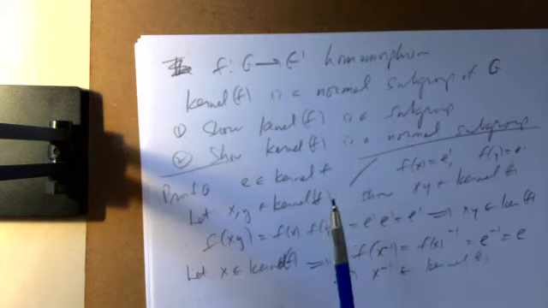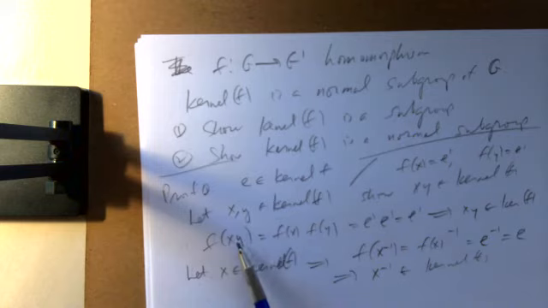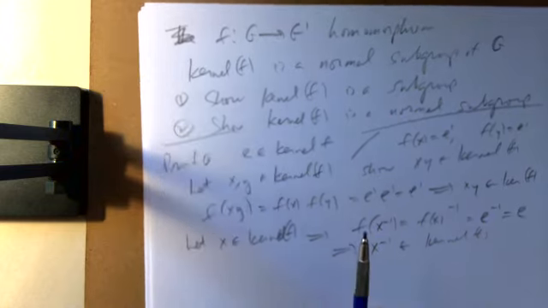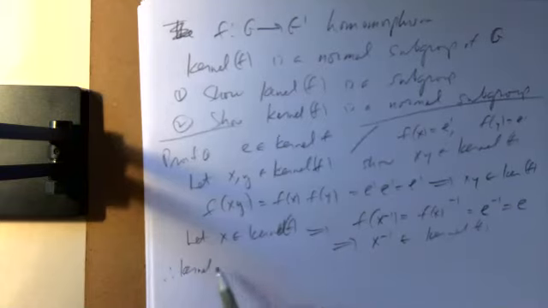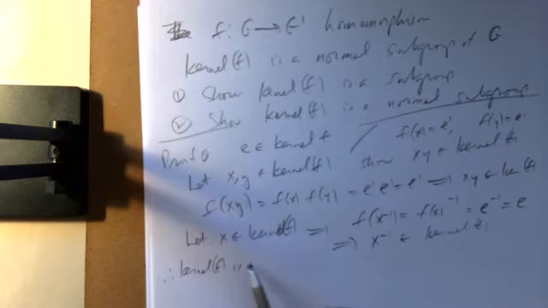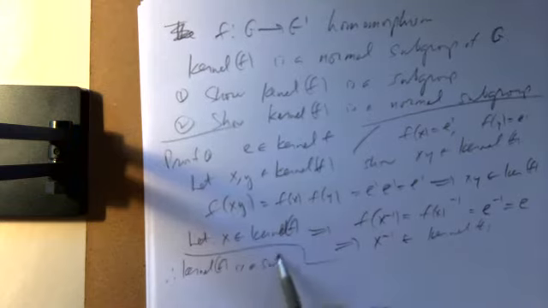So the kernel of a homomorphism contains the identity, it's closed under multiplication, and contains the inverse of each of its elements. So therefore, the kernel of f is a subgroup.